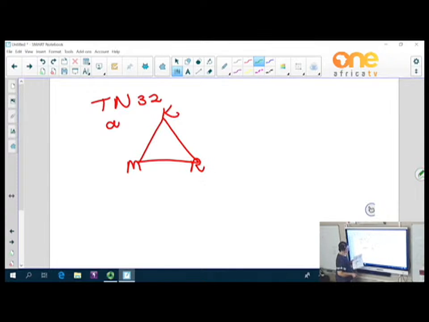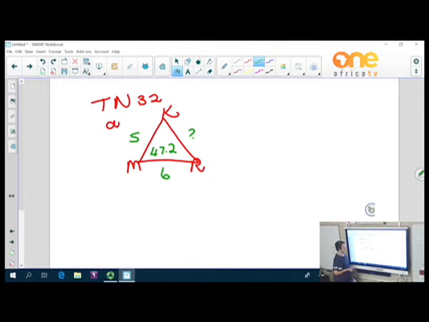What information do we have? We have that angle M is 47.2 degrees. That's given. And we know that KM is 5 centimeters, MR is 6 centimeters, and this is now what we need to calculate. Can you see that it is the third side?